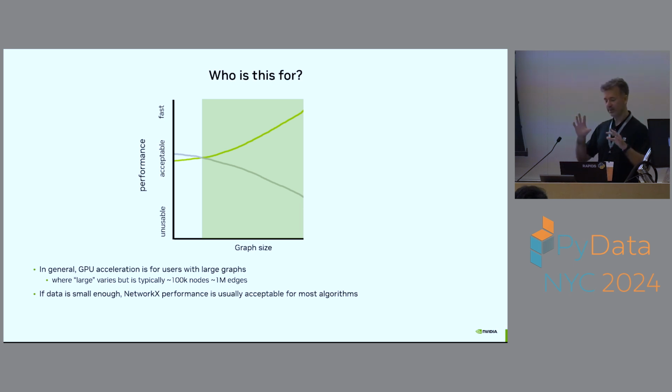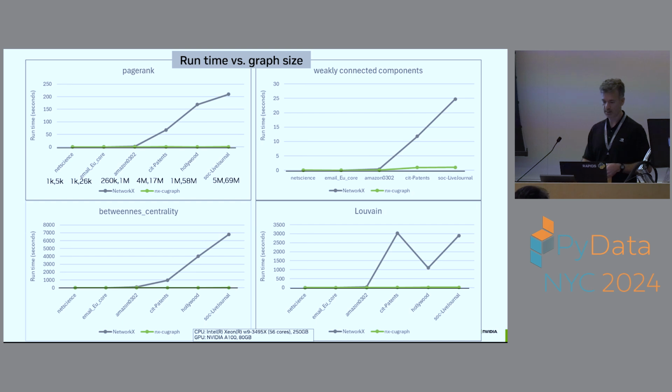So we've roughly characterized large here as about 100,000 nodes and a million edges. That's where a lot of the NetworkX algorithms start to really struggle. But again, if the data is small enough, NetworkX without acceleration is pretty good. Works well. So these are some benchmark plots that we did.